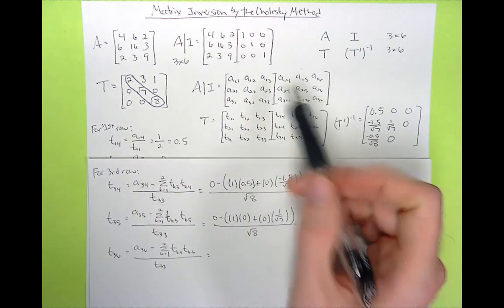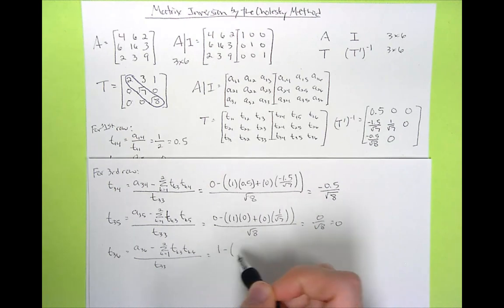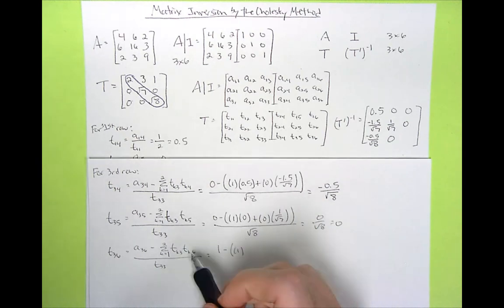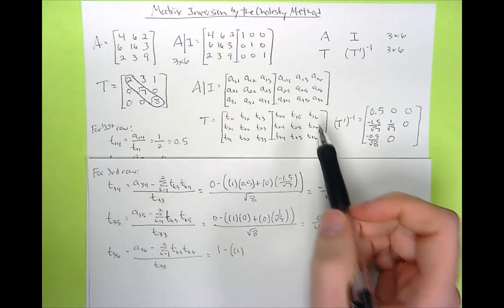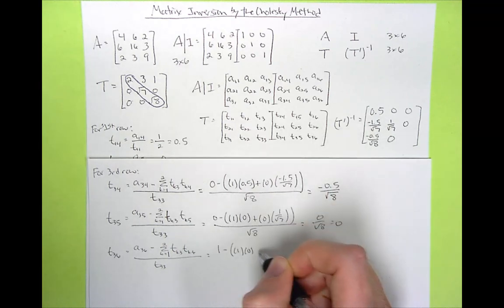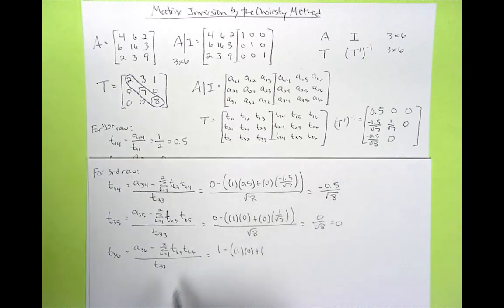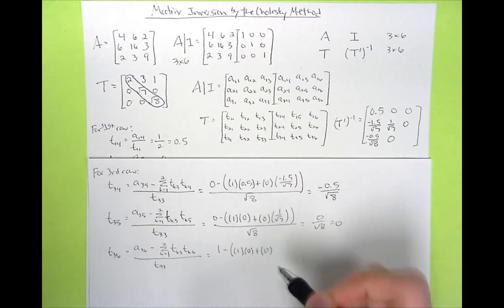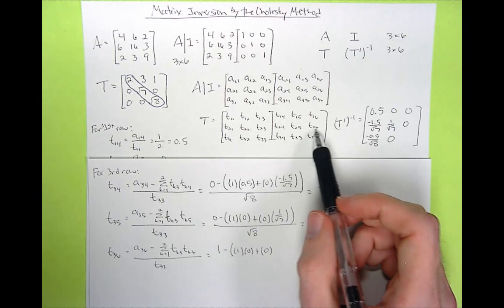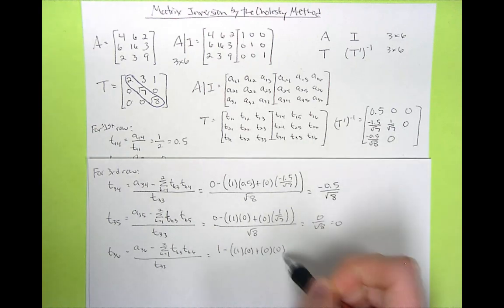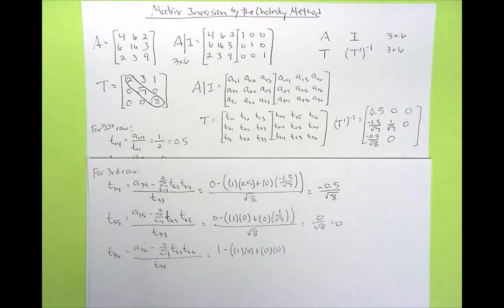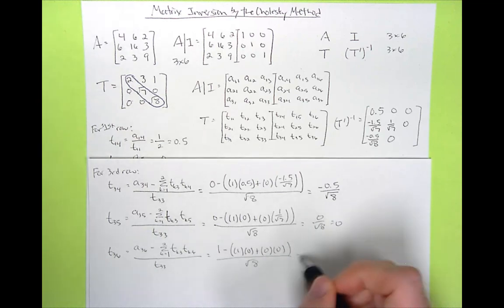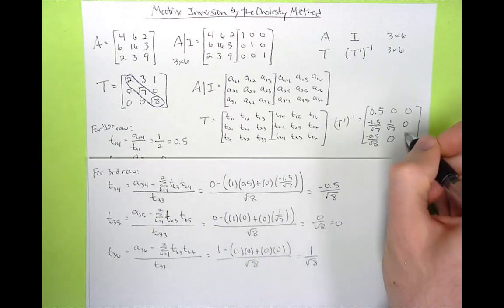So A36 is 1 minus, we know this is going to be 1, T16 is 0, plus T23, which is also 0, and T26 is 0. So T23 is 0, T26 is 0. Over square root of 8, this is going to leave us with 1 over square root of 8, which is our last value here.